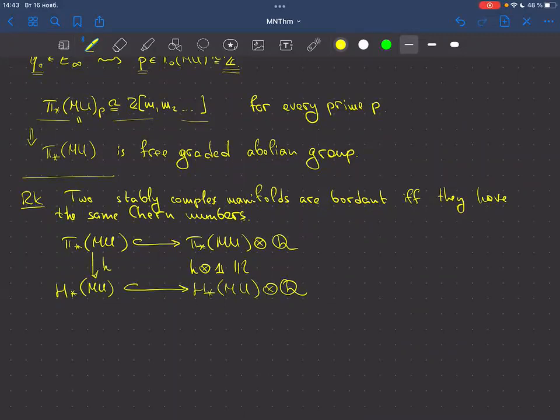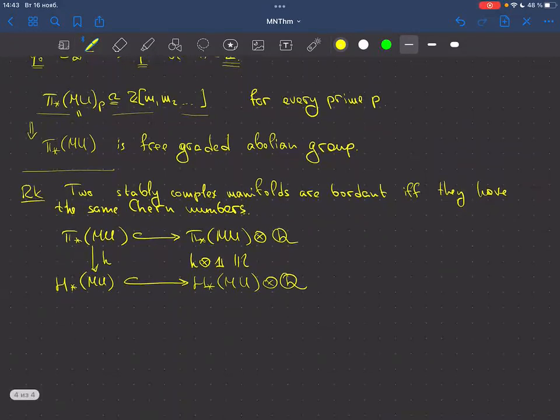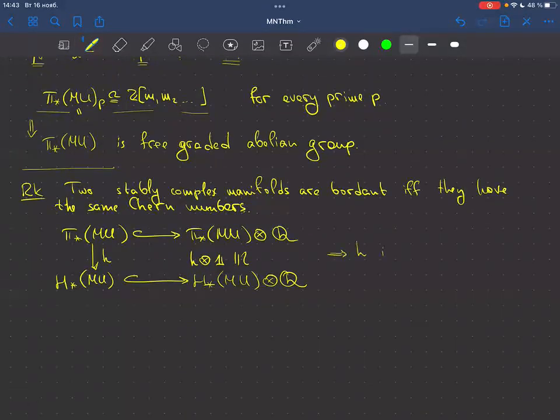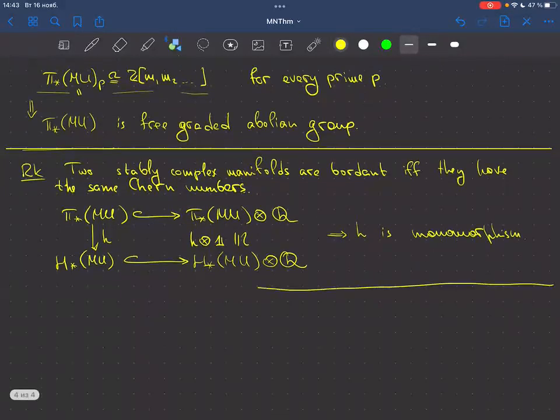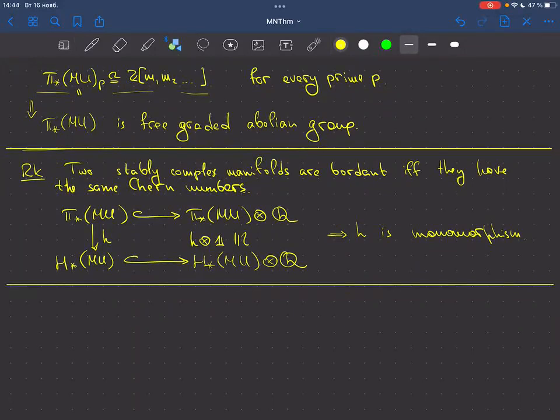We have such a commutative diagram, and this implies that h is a monomorphism. So yeah, I guess this is a cool statement itself. So at least one part of the program is done.